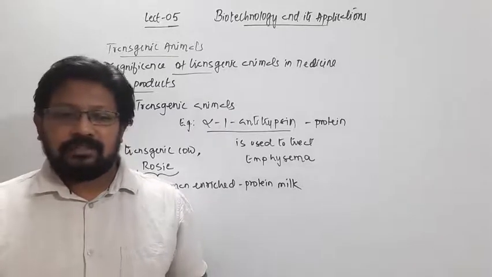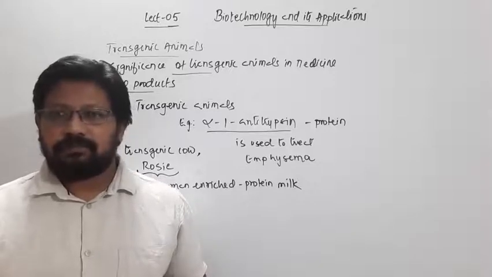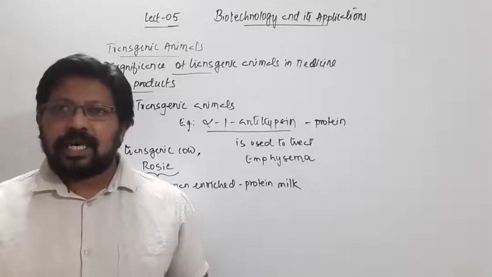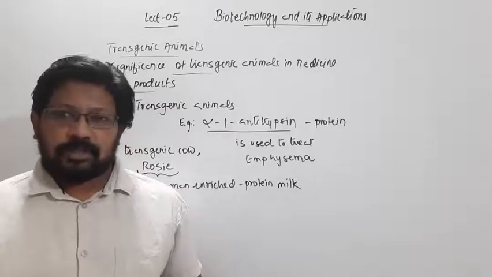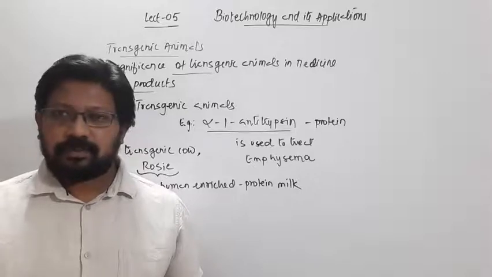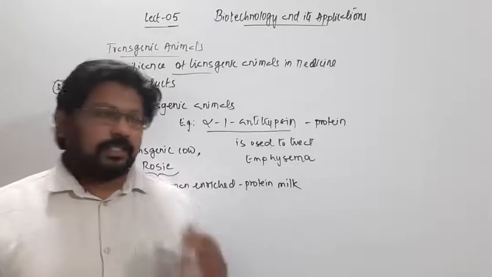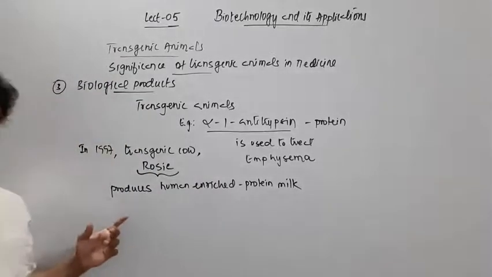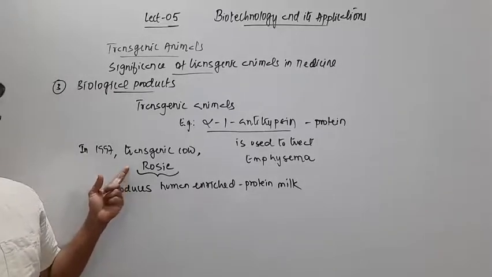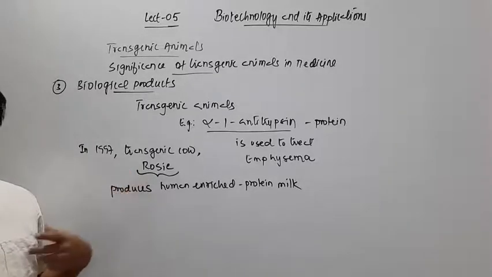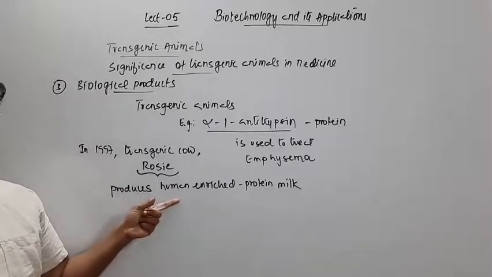Because of that, the young ones will have nutritional problems or deficiencies. To solve that issue, the genes that code for these proteins were isolated from humans and introduced into a cow. That cow is now a transgenic cow, they named it Rosie, and it produces milk that contains human protein.